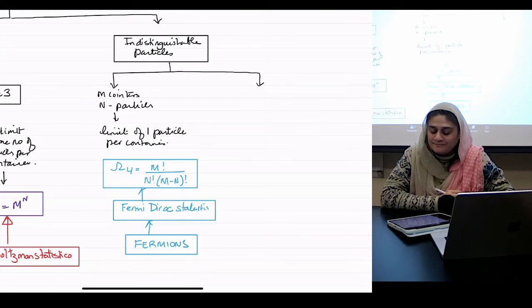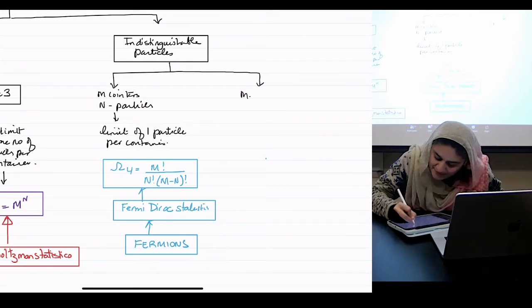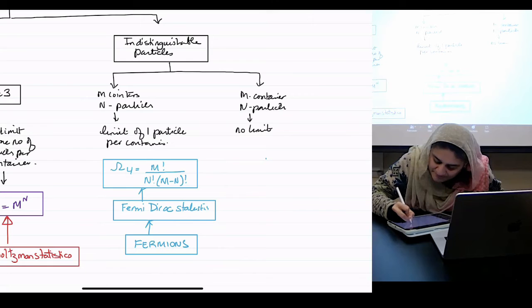Last one. m containers, n particles, no limit on the number of particles.